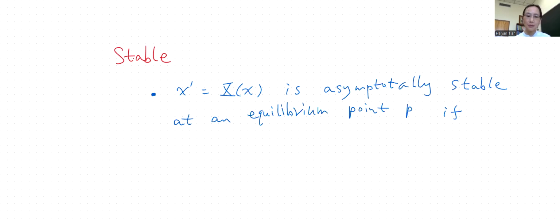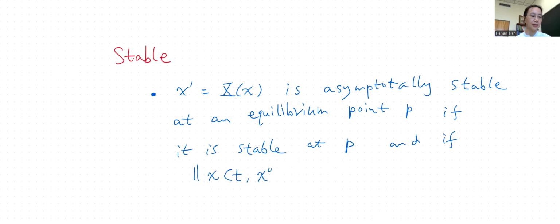if it is stable at P, and if the solution curve satisfying that initial data is approaching P. That means the distance from the solution curve and the fixed point is approaching 0 as t goes to infinity.